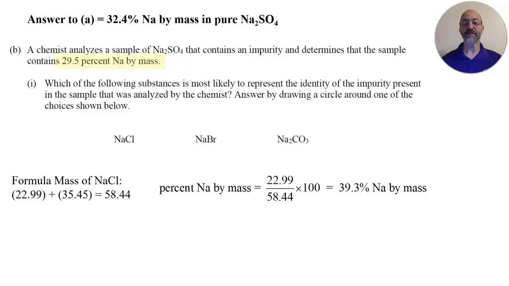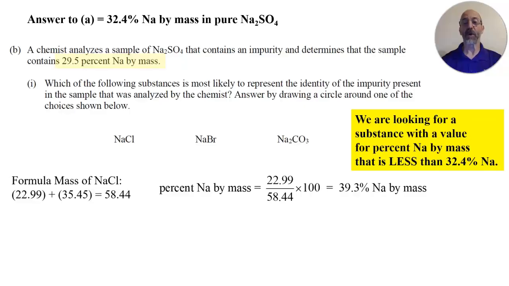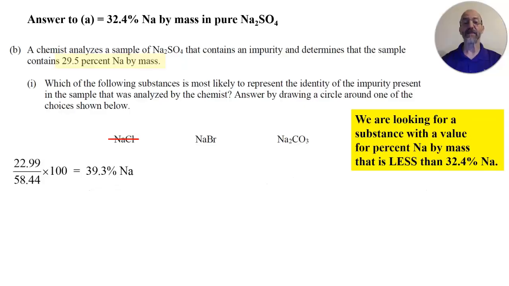So take a look at our answer, 39.3% sodium by mass in sodium chloride. But we are looking for a substance with a value for percent sodium by mass that is less than 32.4% sodium. That was our answer to part A. So we can eliminate sodium chloride as a possibility.